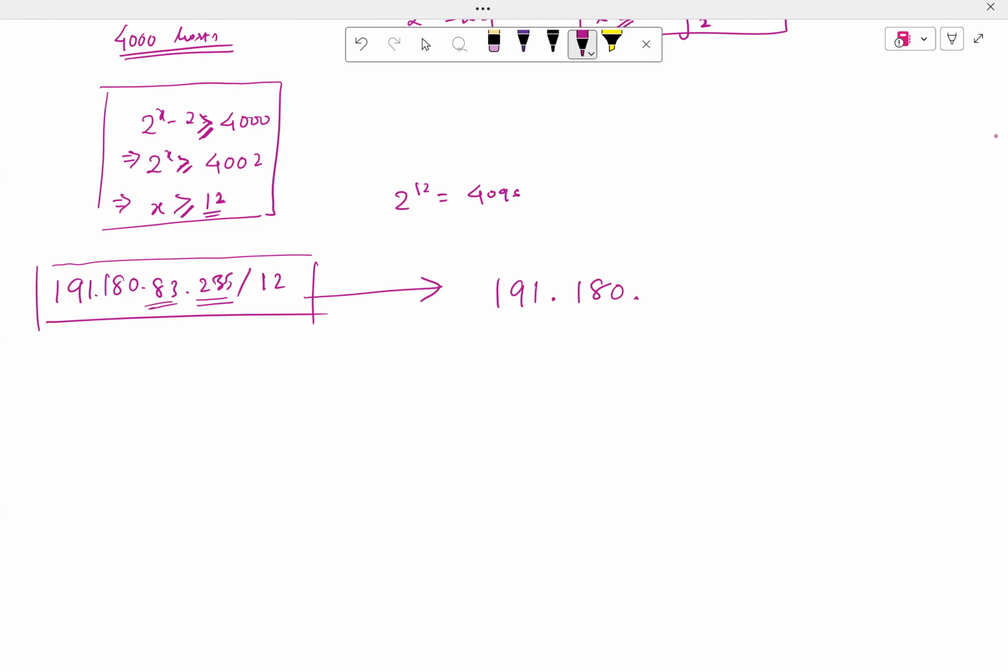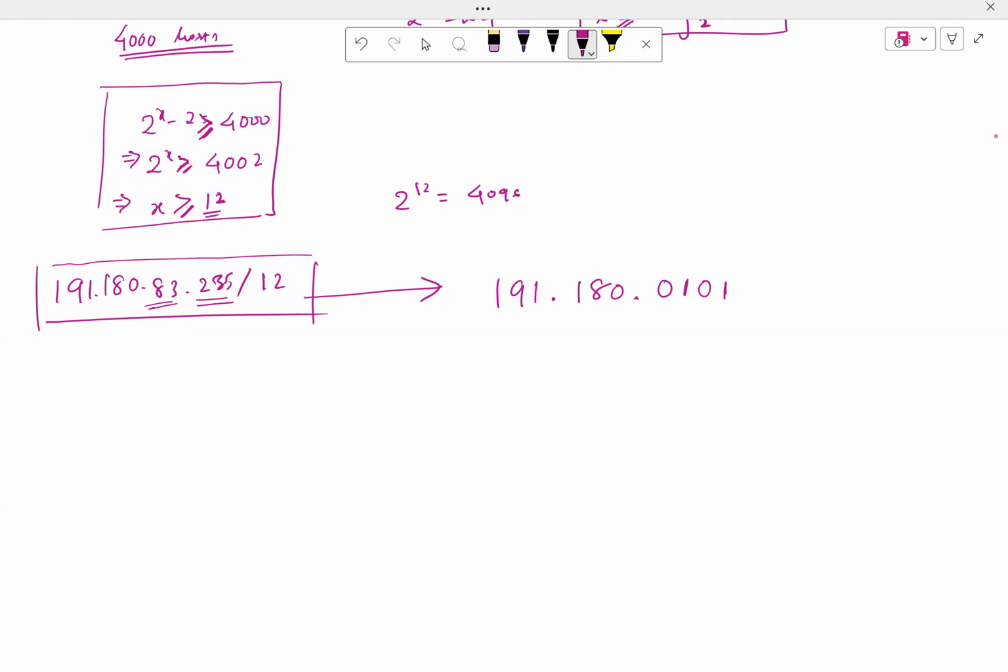Then there is 83. 83 is represented as 0, 64 plus 16 is 80.